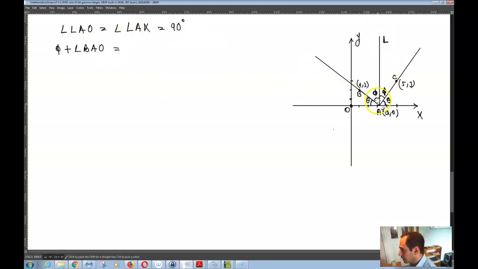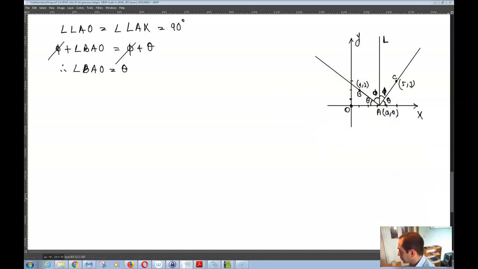And angle LAX is equal to phi plus theta. So now if these two angles are equal, you can simply cancel phi and phi, and that means that angle BAO is equal to theta. So then this angle is equal to theta.